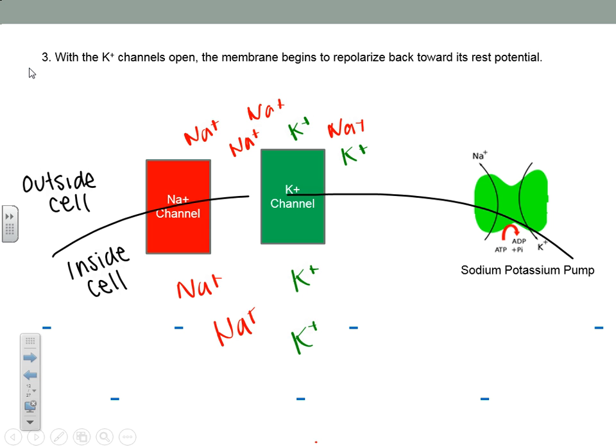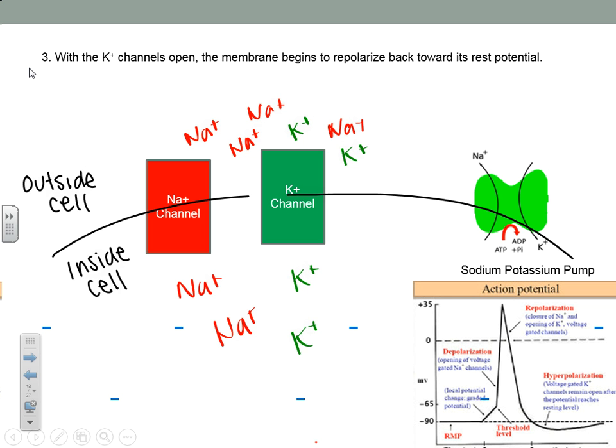Okay, so we're moving closer to going back to being overall negatively charged. So we want to have more positive charges on the outside of the cell than the inside. That would be the resting membrane potential.